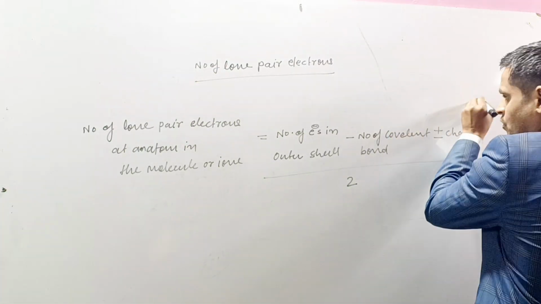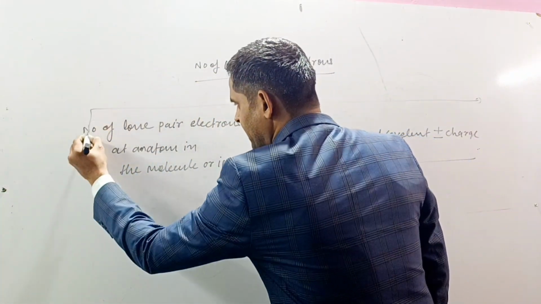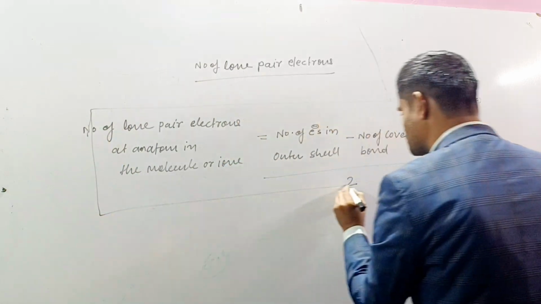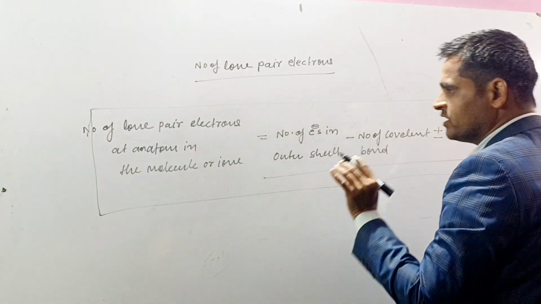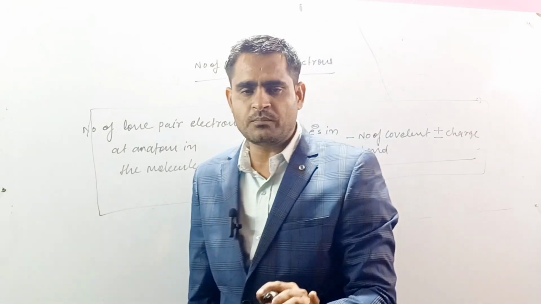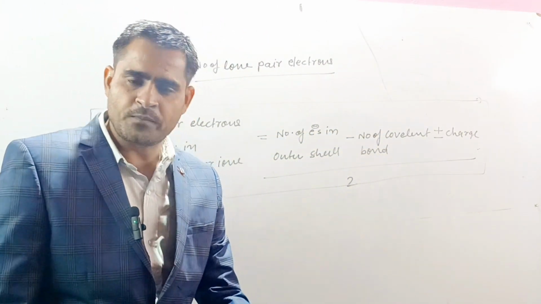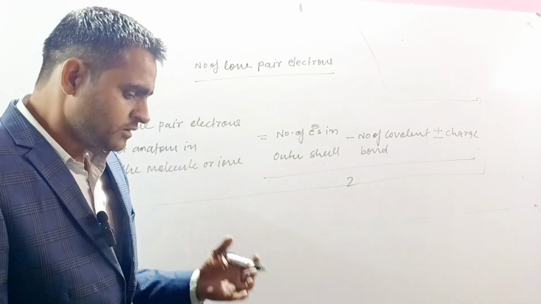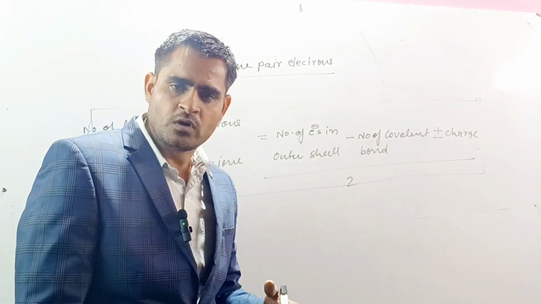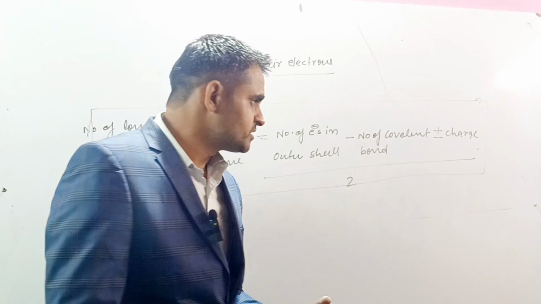This is the common formula, and with the help of this formula we can calculate the number of lone pair electrons in any kind of atom in the molecule or ions.